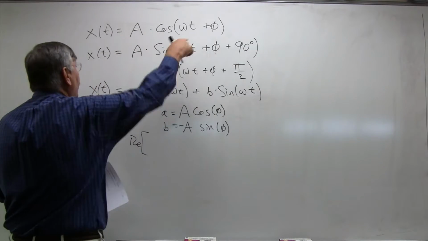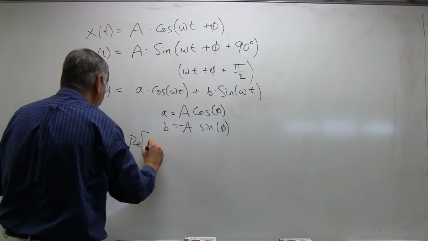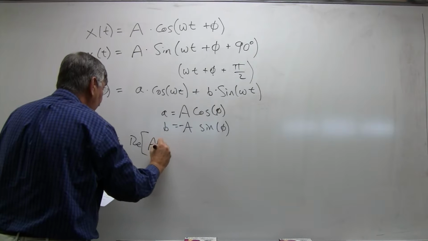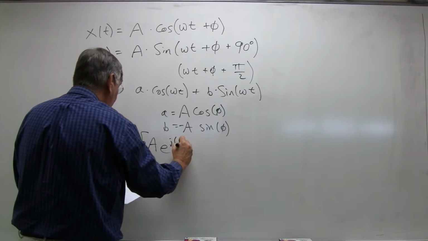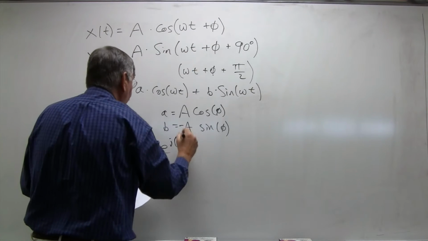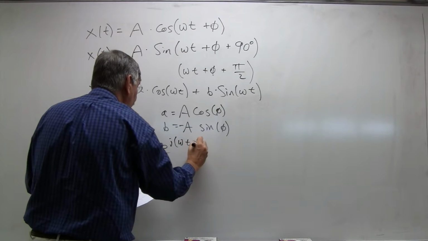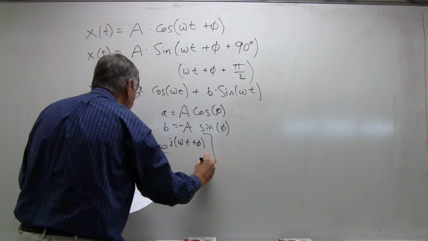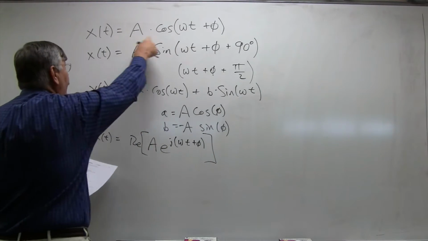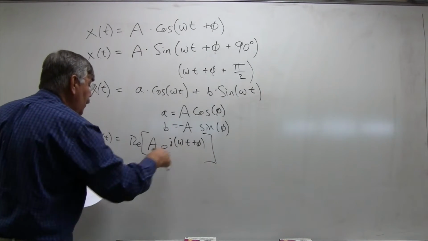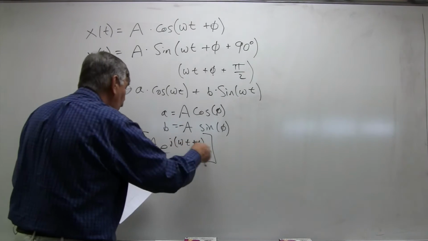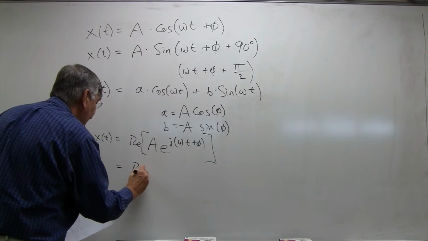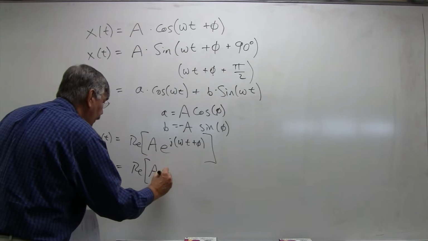In this case, if we go back to this first form, this would be the real part of the complex exponential, e to the j times, and now the argument of this thing fits in here, omega t plus phi. All right, and so this form and this form are equal, but now we use this complex exponential form. We can multiply this thing out and get yet another form for this that's handy.